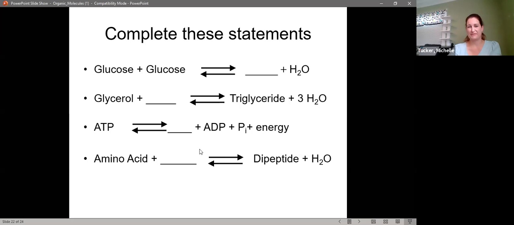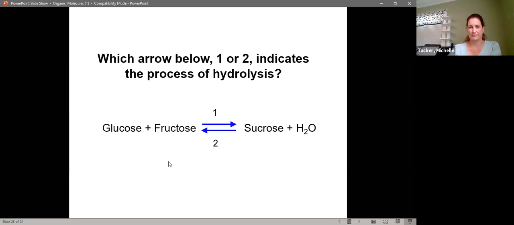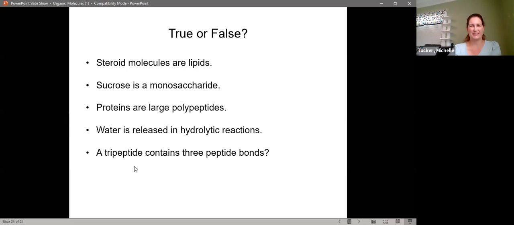Hydrolysis. Okay, so if you make something, it's dehydration synthesis. If you break something apart, that's this back arrow here, it's hydrolysis. Okay. So which arrow below, 1 or 2, indicates the process of hydrolysis? Arrow number 2, very good.